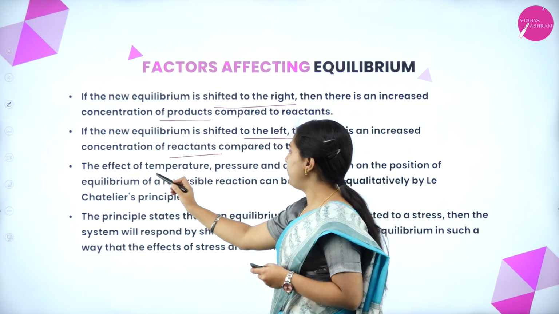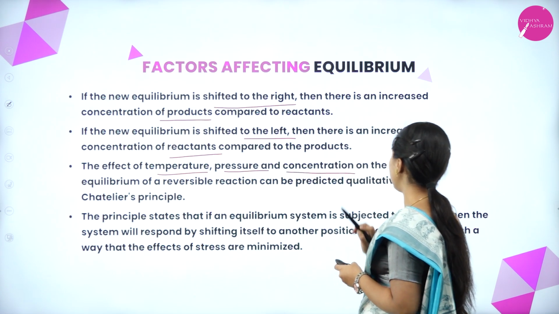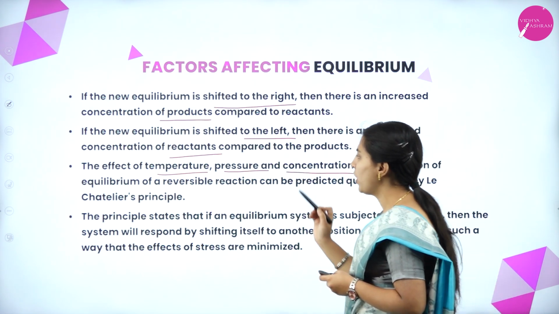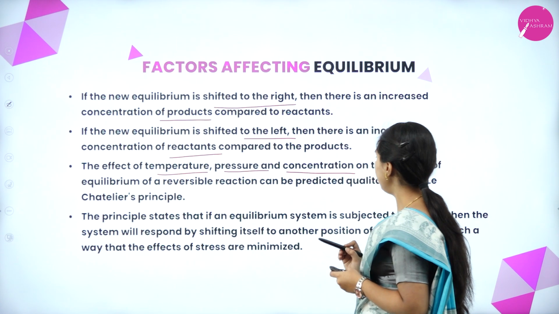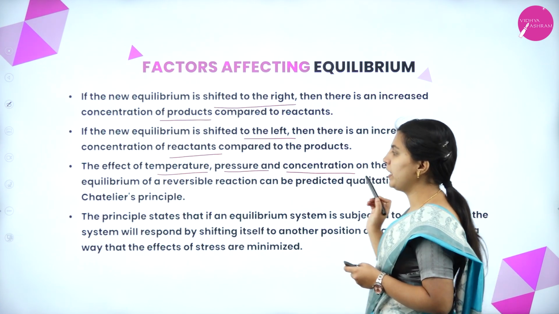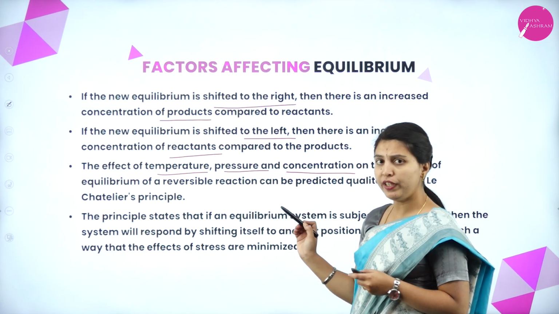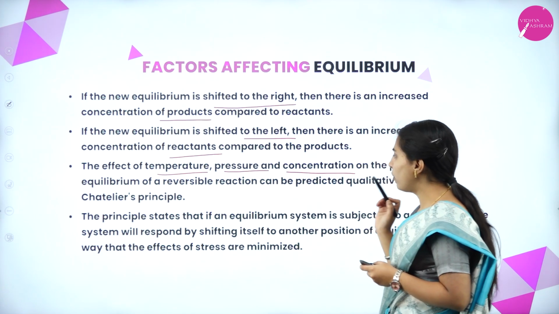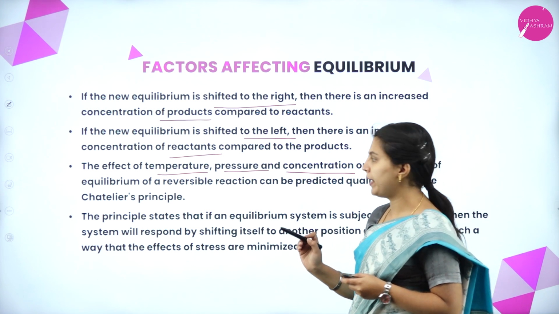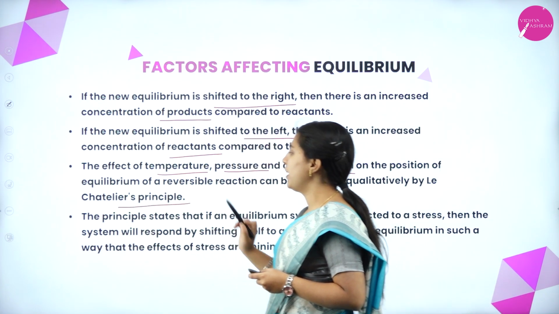The effect of temperature, pressure and concentration on the position of equilibrium of a reversible reaction can be predicted qualitatively by Le Chatelier's principle.